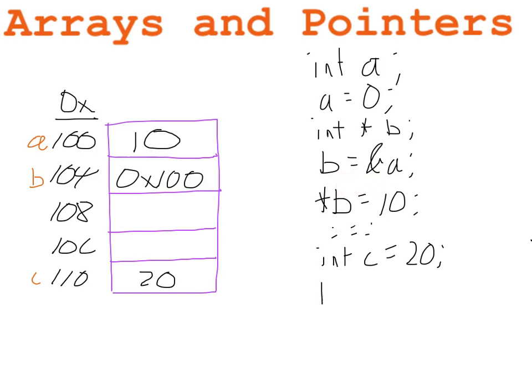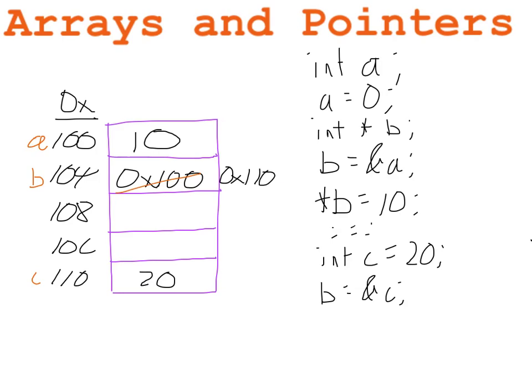So we could say b is equal to the address of c. And what that does is that takes our pointer b and it rewrites it with the address of c. What is the address of c? c is address 110.